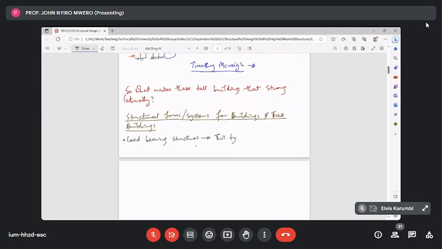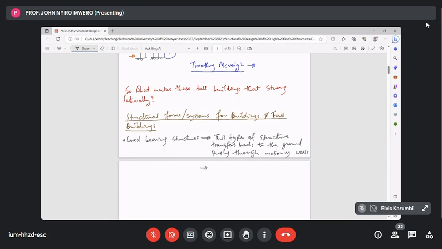This type of structure transfers loads to the ground purely through masonry walls. Okay, that's the first thing.